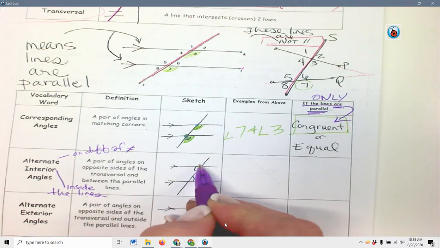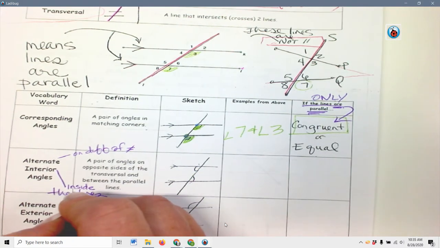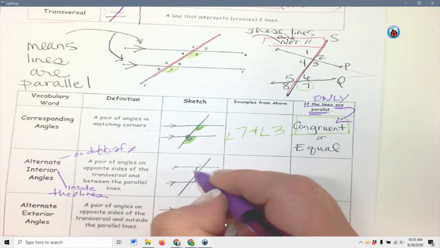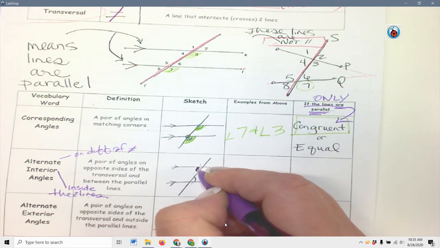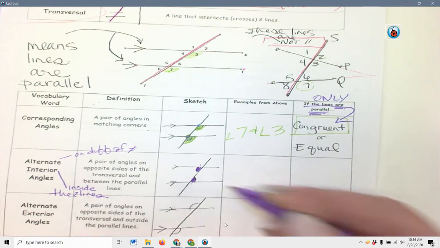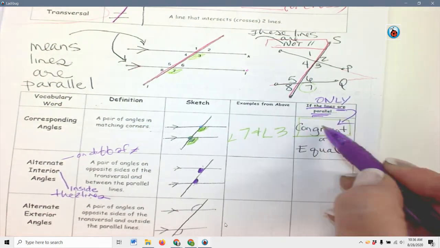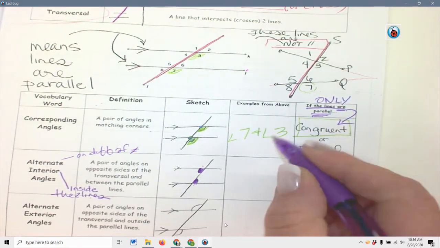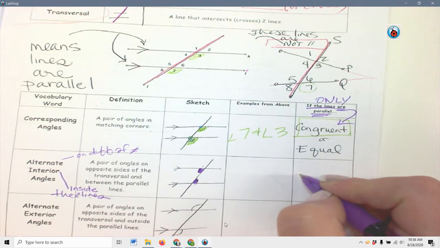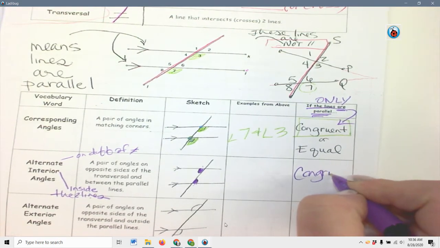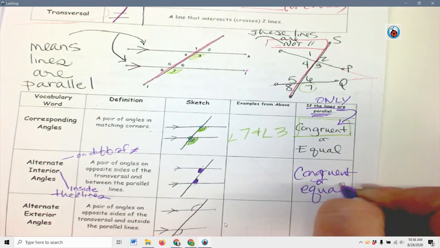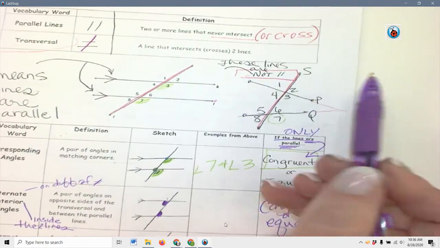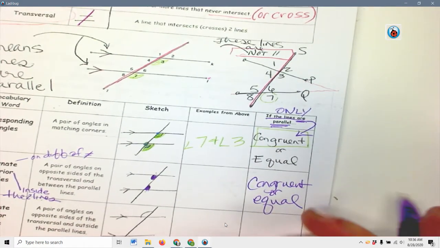So here we're inside the two lines and on alternate sides of the transversal. Now, once again, if the lines are parallel, then alternate interior angles are congruent or equal. But if the lines are not parallel, then they are not equal or congruent.